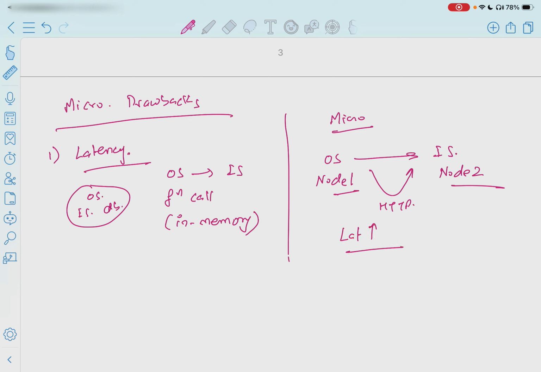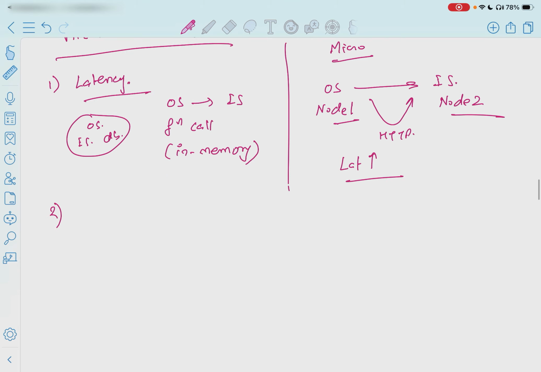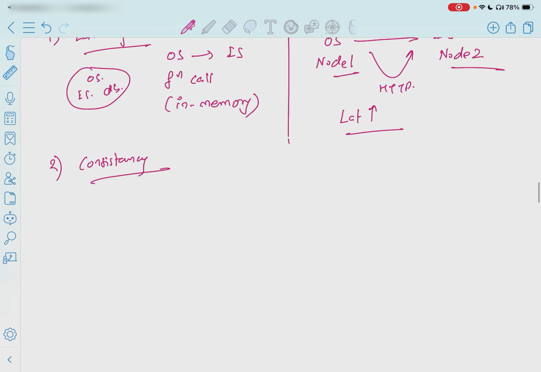Another major drawback of microservices is consistency. In case of monolith, let's say when a user tries to initiate the booking service, we have to use the matching service, and subsequently we have to complete the payment.